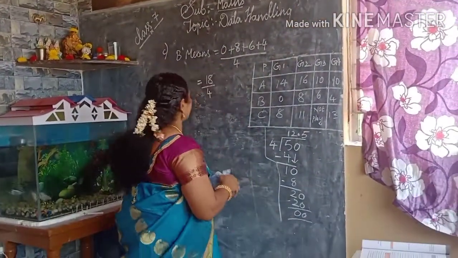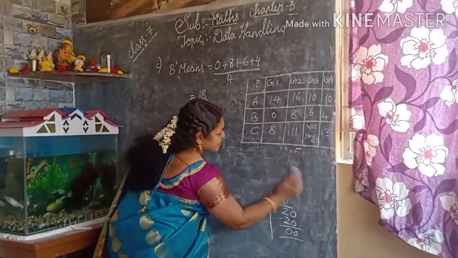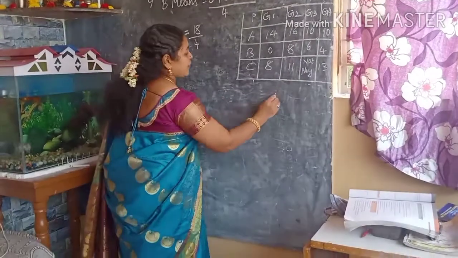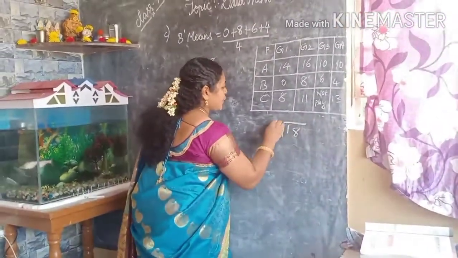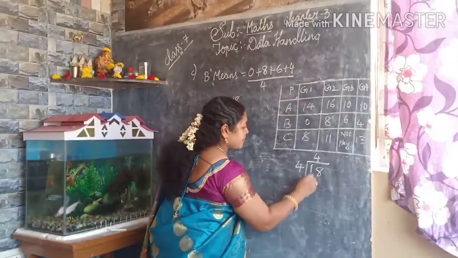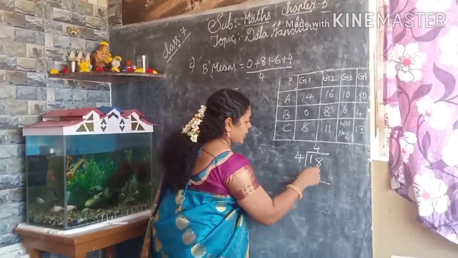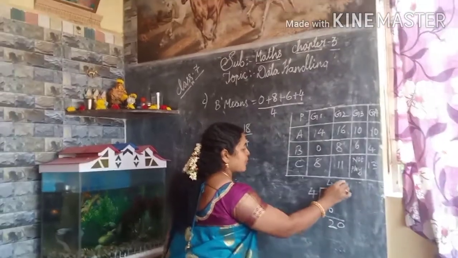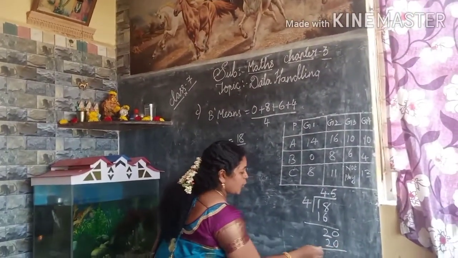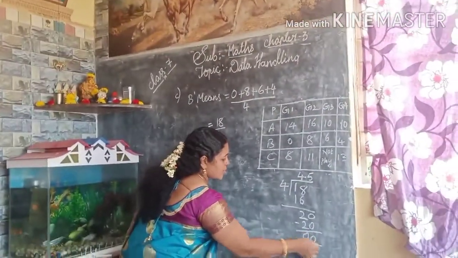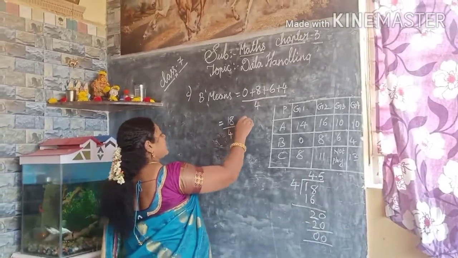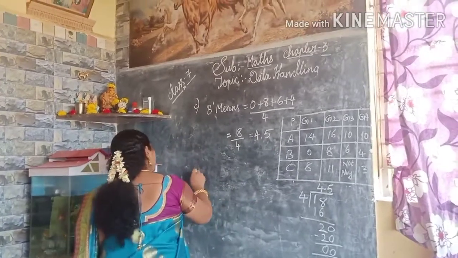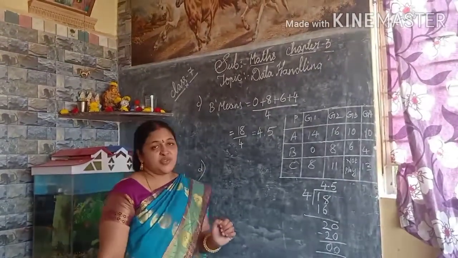Again, to find the mean here, we have to find 18 by 4. 4 4s are 16. Again, you will get 2 remainder. Then 20, and the remainder is 0. So here the mean of B will be 4.5.